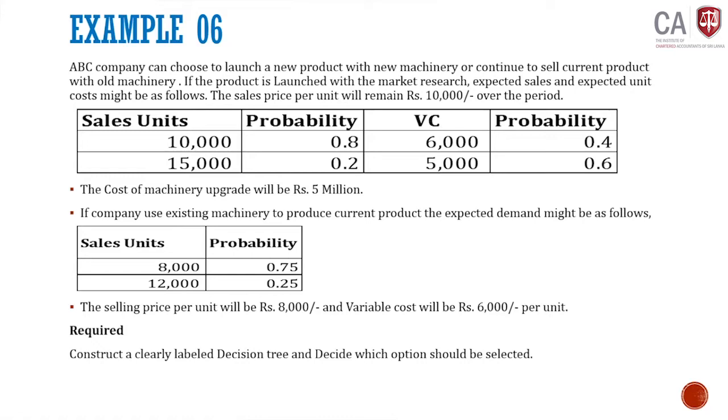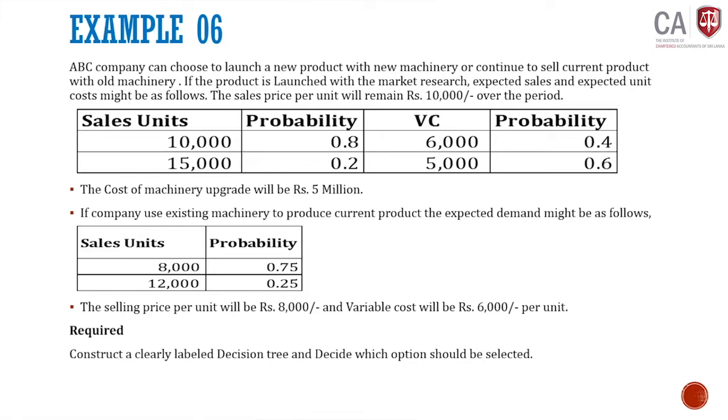or continue with the current product. If the product is launched with the market research, assume expected sales and expected unit cost will be as follows. The sale price per unit will remain at 10,000 over the period.